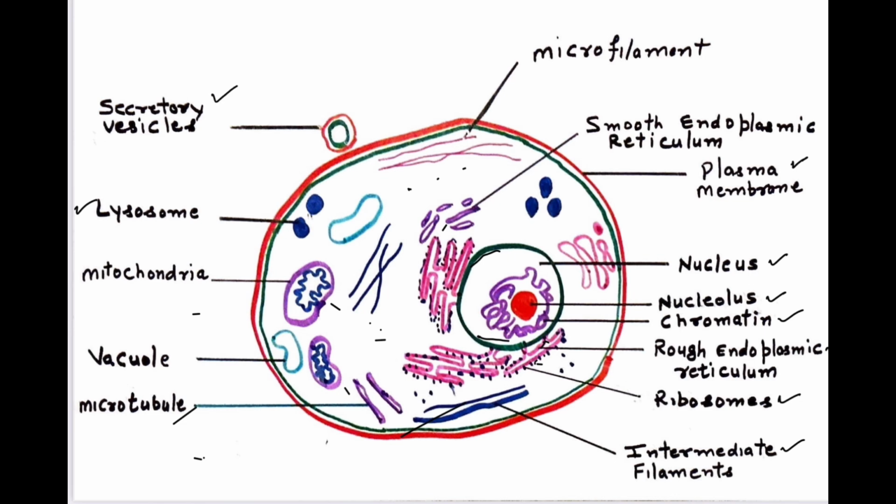And secretory vesicles are the next important component of the cell. Anything that needs to get out of the cell, these secretory vesicles are very helpful. What happens is they make a little bit of a structure like this out of the plasma membrane, and the stuff goes in there, and suddenly they take off, like this structure right here.